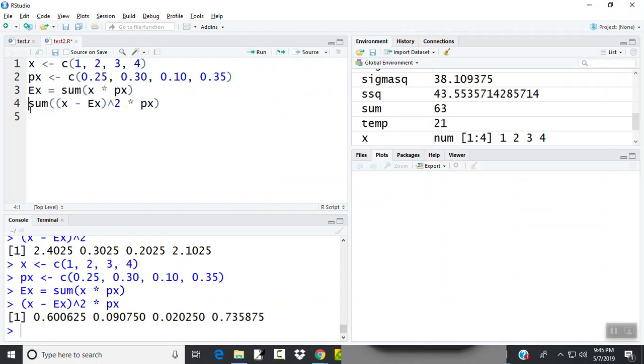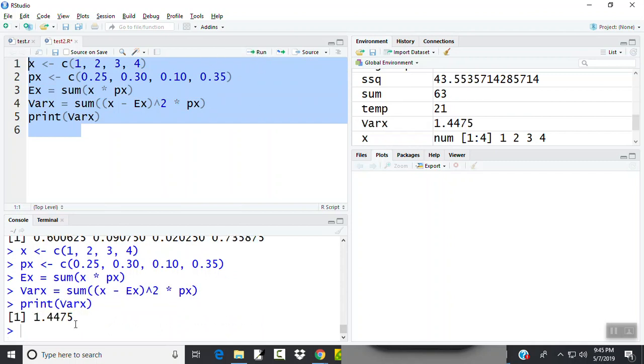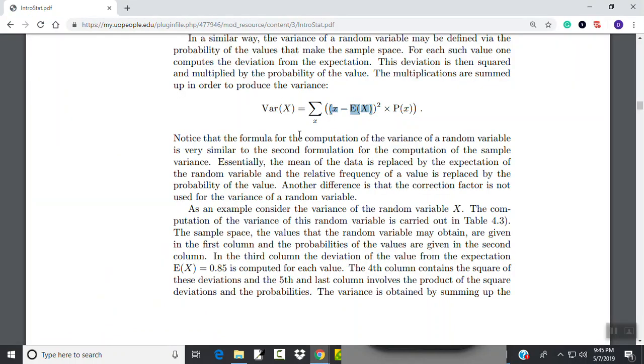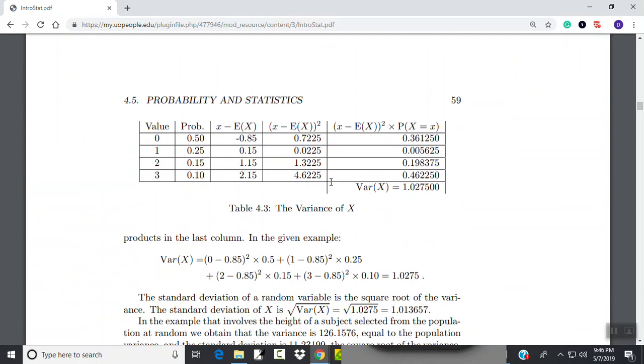Now I'm going to have this equal to something, so I have it equal to var x, and then I'll print that off. Okay, so let me highlight that, and that gives us our 1.4475. So that'd be our variance. This shows the buildup of it, but that's how you'd implement it in R, is the way I just showed it.